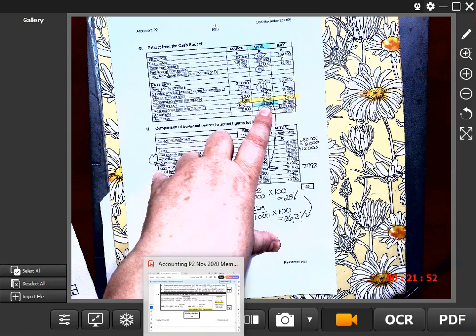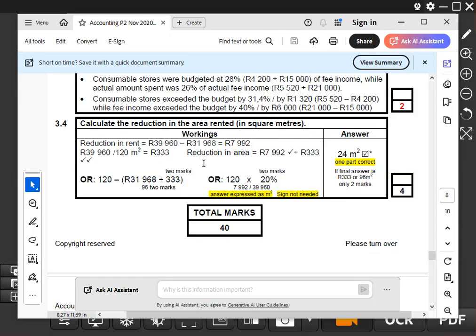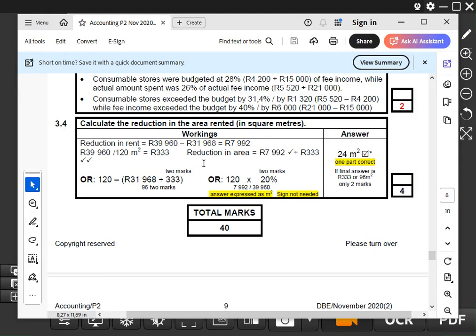And it divides by 120, then you get your square meters. Rand is 333. You paid 7,992 extra. If you divide that, you get 24 meters. How many of you got it right? Please go through it again and again, because now that I look at it, I'm like, why did I tense up so much?